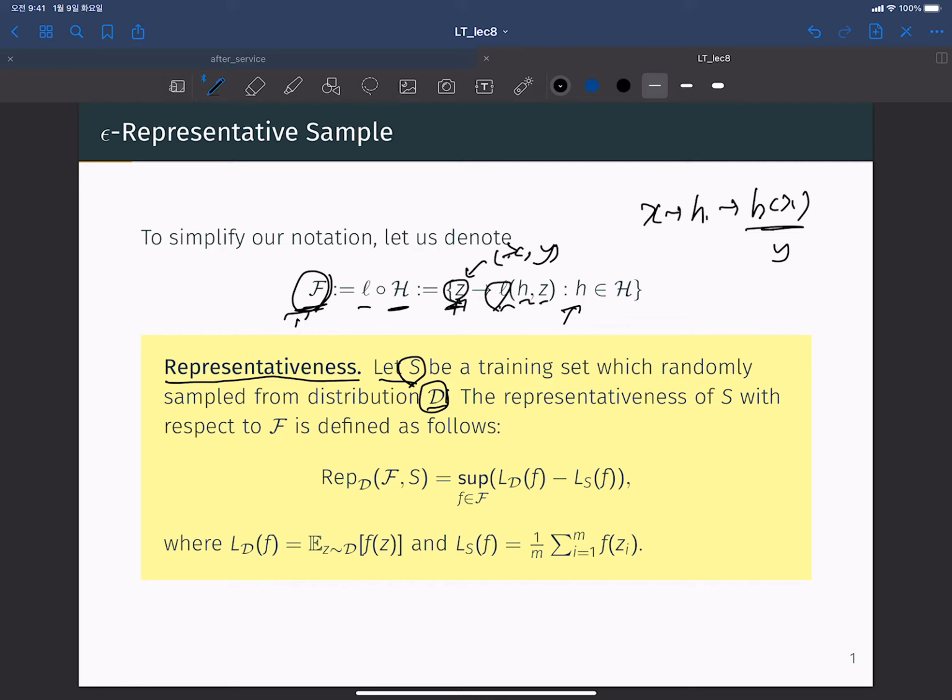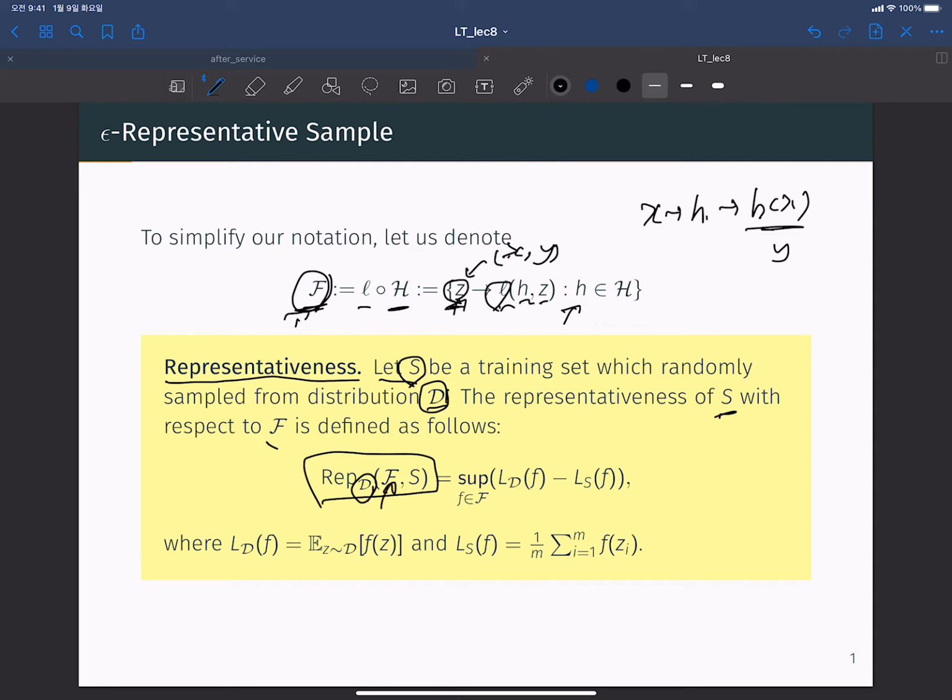So the training data set S consists of IID random samples from distribution D. And the representativeness of the training set S with respect to the function class F is defined as follows.